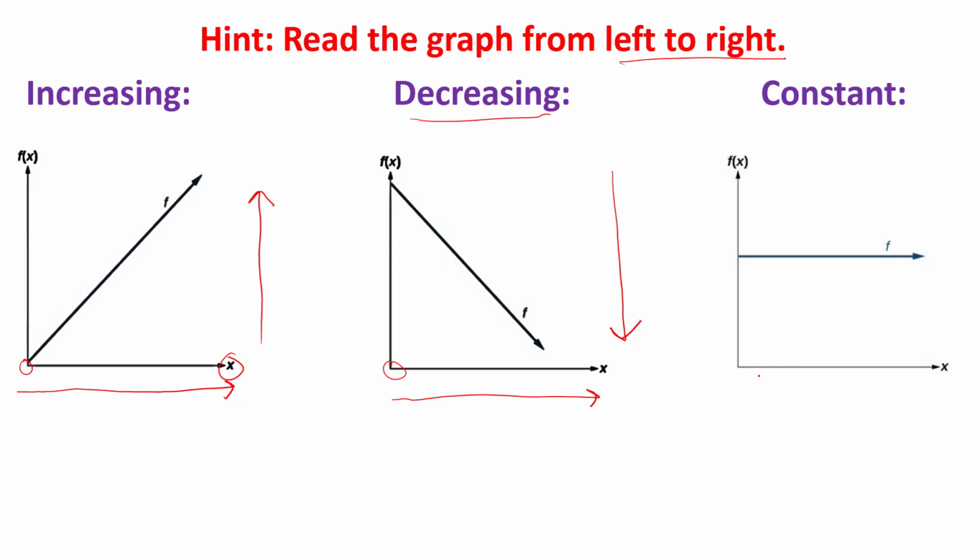All right, the constant. Now, constant, you'll notice, is remaining the same. So as my independent variable, or my x value, is increasing, my y value has not moved. It has stayed constant.